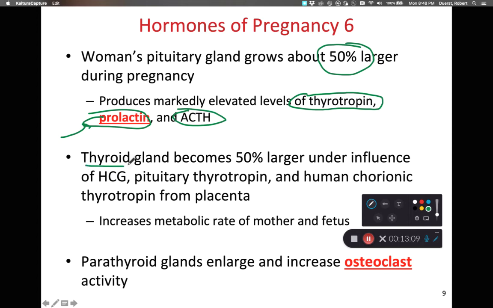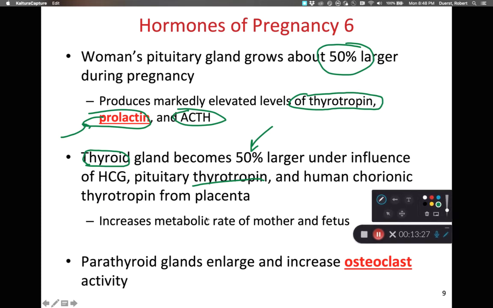The thyroid gland in the pregnant woman is going to become 50% larger under the influence of the pituitary thyrotropin, and human chorionic thyrotropin from the placenta.